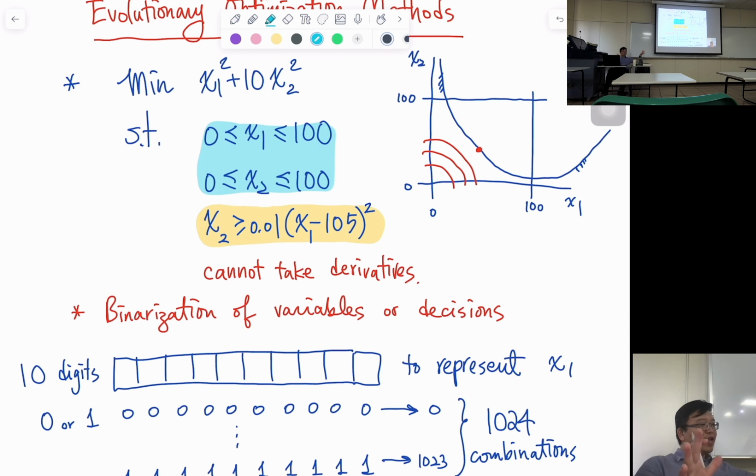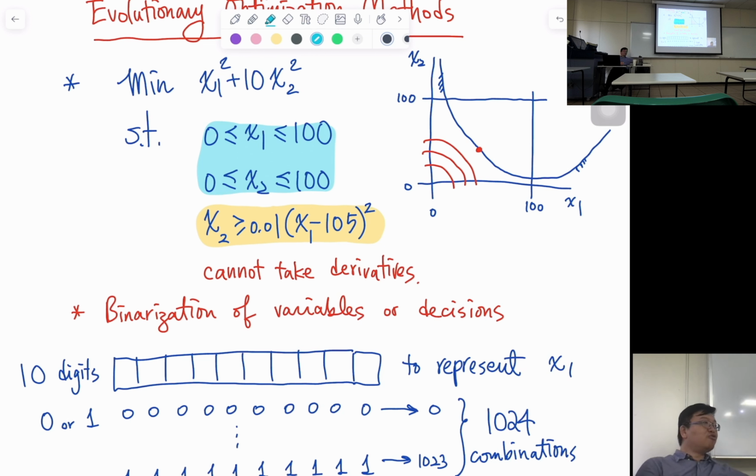So I don't need to worry about the first two constraints anymore, because the way I designed it, my solutions are just inside the boundary. But during the random generation process, it's very possible I can generate a point that doesn't satisfy the yellow constraint.